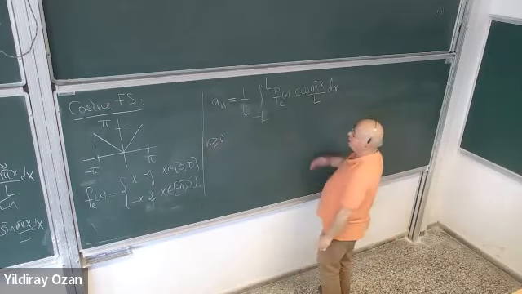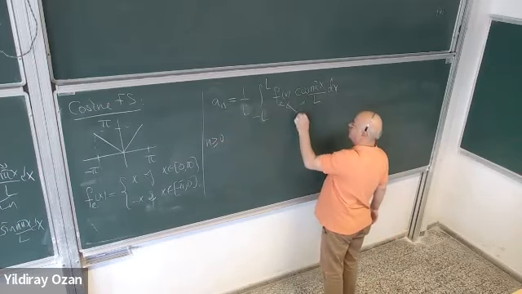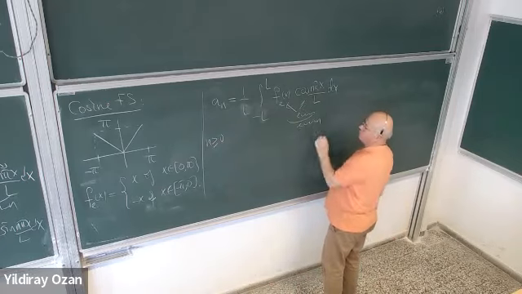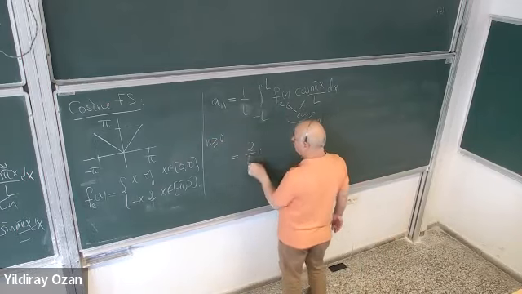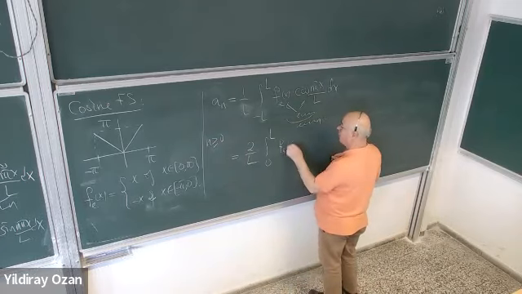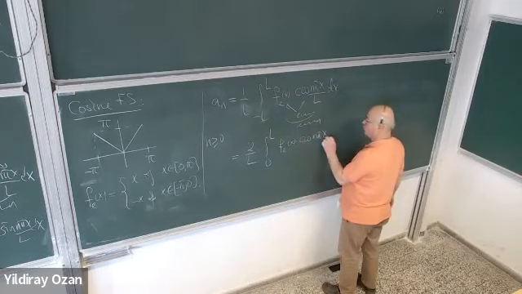Okay. Now this time this is even, right? So the product is even. Therefore, this integral is just 2 over L times the integral from 0 to L of the even extension times cosine n pi x over L dx.